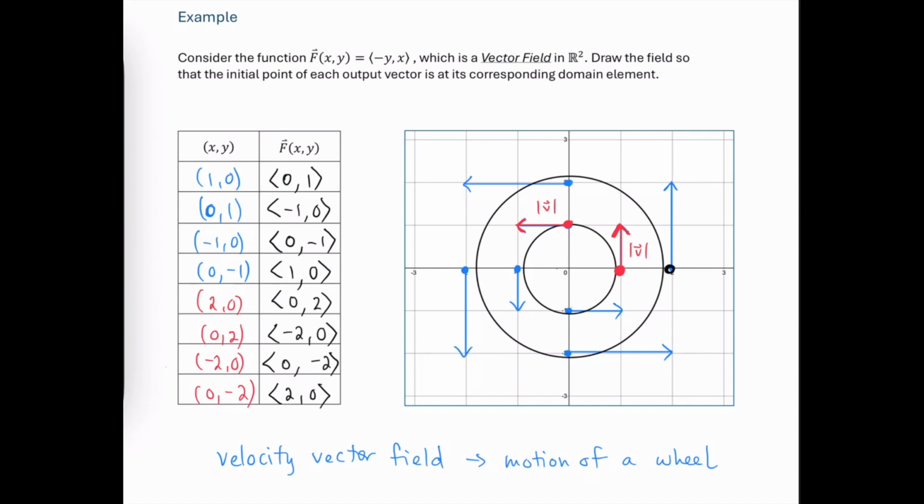However, if we have a point located out on the outer rim of a wheel, notice that it's moving in the same direction, but this time the magnitude of the outer point is much larger than the magnitude of that inner point. Remembering that the magnitude of the velocity vector function is equal to speed, this vector field could be one that represents the motion of a wheel.